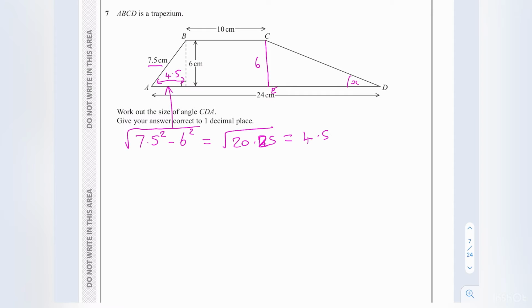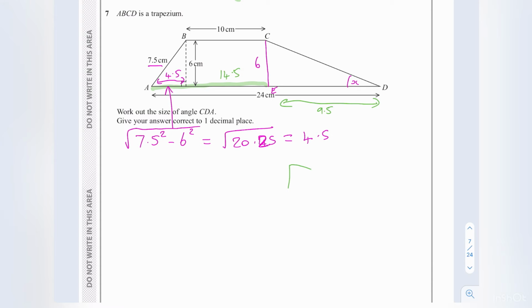The reason that helps us is we know the total length from A to D is 24. The length from A to C is this 4.5 plus this 10, so that's 14.5. So therefore that missing length from E to D must be 24 subtract 14.5, which is 9.5.